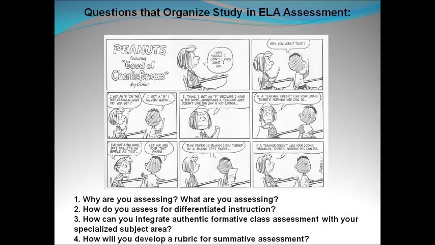So, when we begin looking at assessment in the ELA classroom, 4 basic questions you ought to ask yourself is, when you sit down to look at what your students are doing or decide what they're up to, why are you assessing them and what are you assessing?